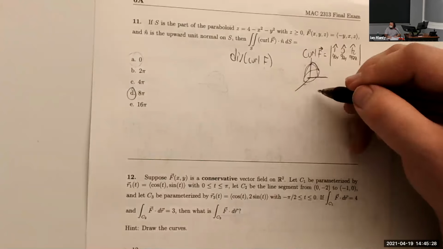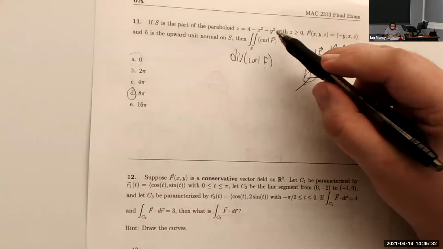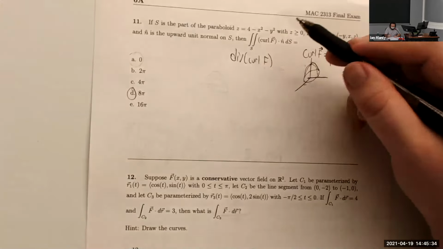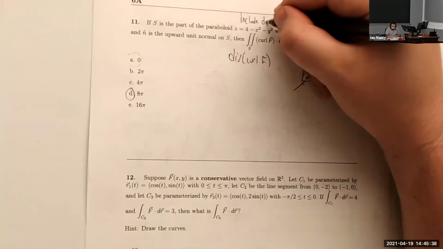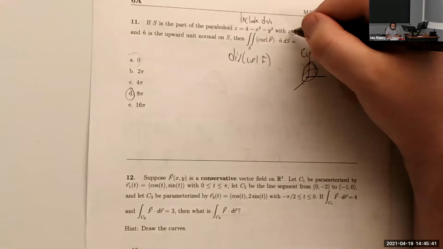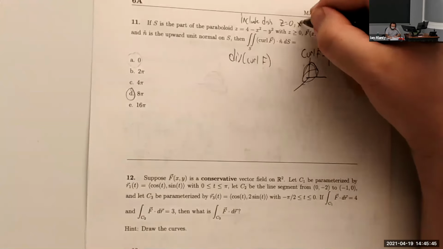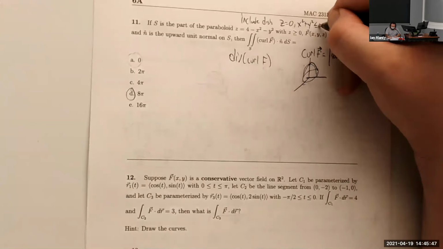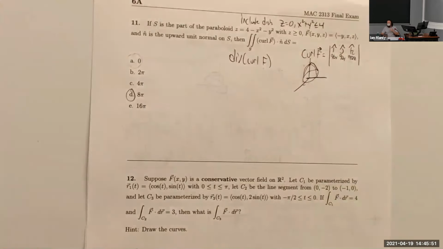If they wanted to include the disk, they would have said z greater than 0, and then for z equals 0, they would have said that x squared plus y squared is less than or equal to 4. That would have included the disk right here.